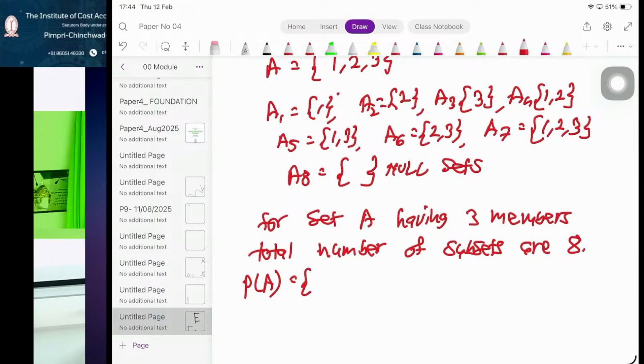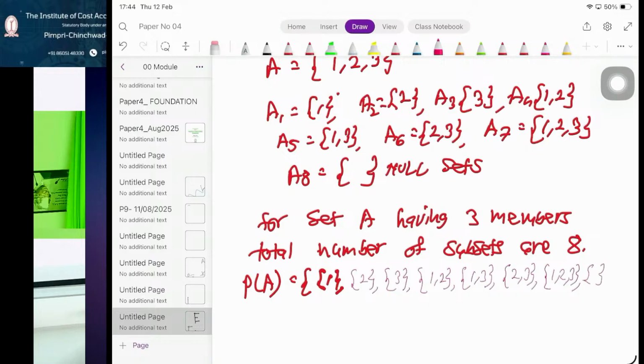Pehla set 1, दूसरा सेट 2, तीसरा सेट 3, चौथा सेट 1,2, A5 is 1,3, A6 is 2,3, A7 is 1, 2, 3 and empty set, और ये complete हो गया.